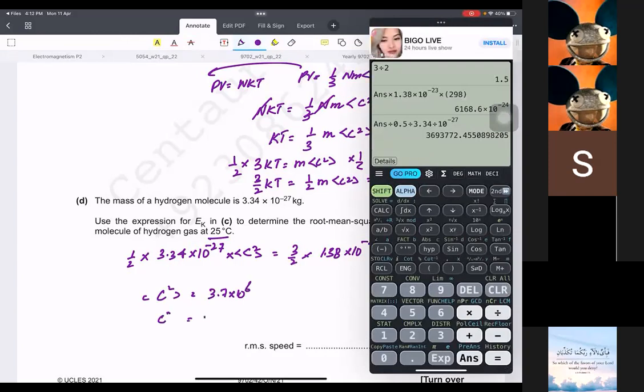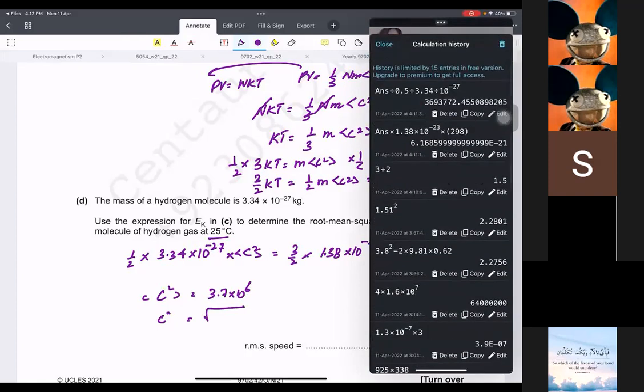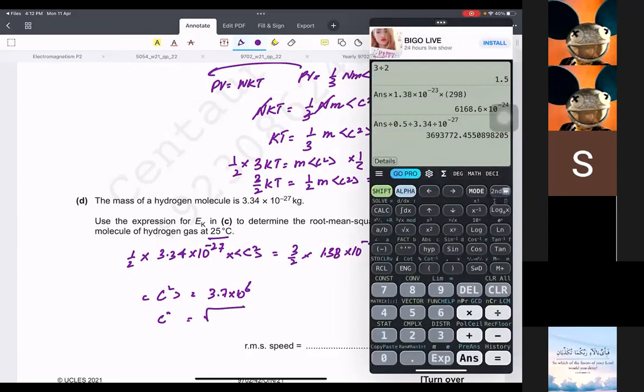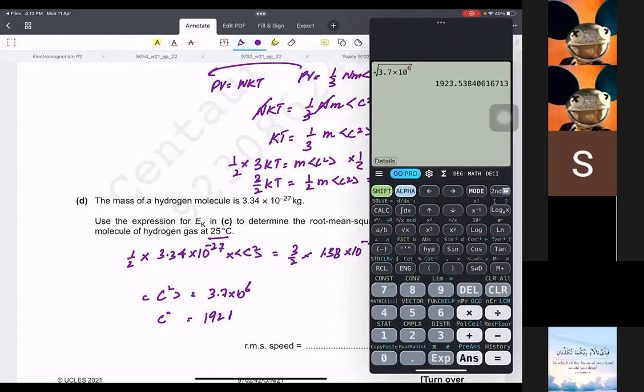So c is going to be under root of this. Oh my god, कुछ हो गया, गड़बड़ हो गई. So this is 1924, which is 1.9 times 10 raised to 3.